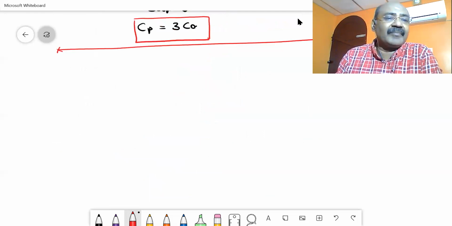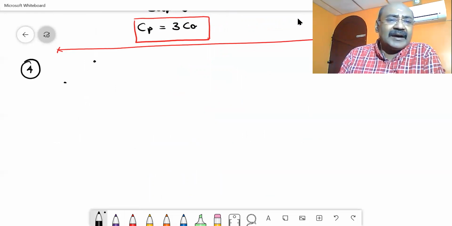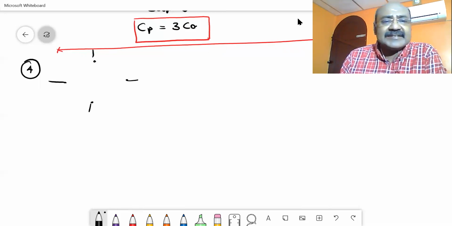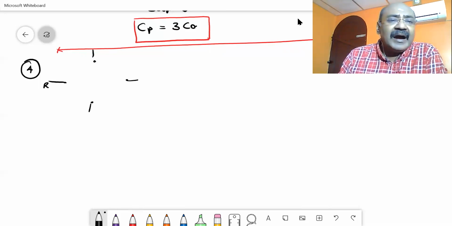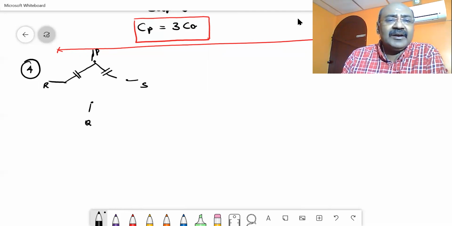See, you are having four junctions. They have taken across this and across this. These two junctions they are representing as R and S, and these two junctions they are representing as P and Q. Across the four junctions, you are having four capacitors like this.